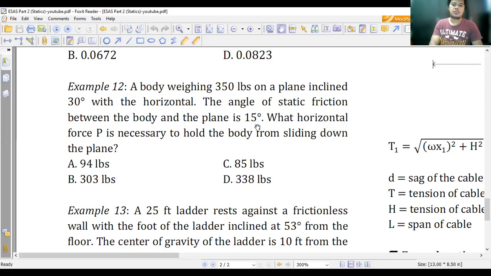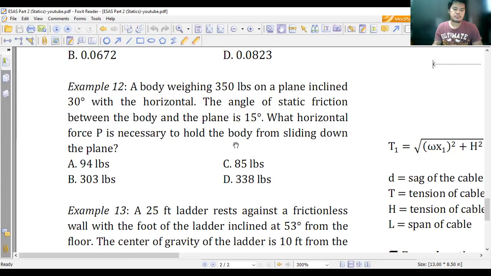We'll explain later what the angle of static friction means. What horizontal force P is necessary to hold the body from sliding down the plane?